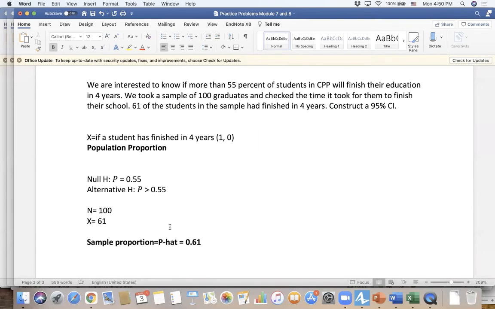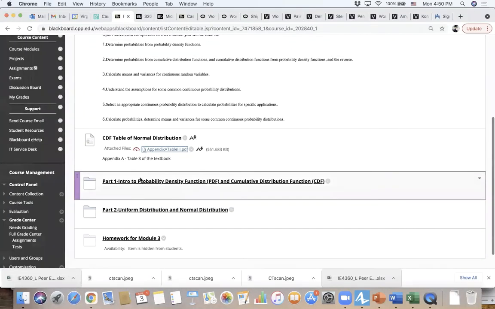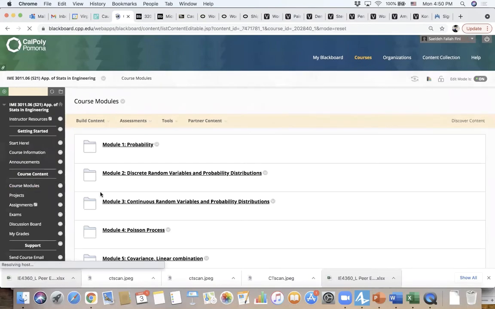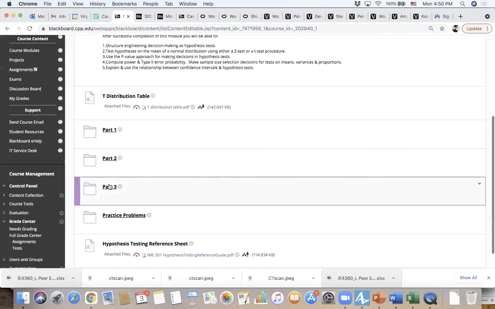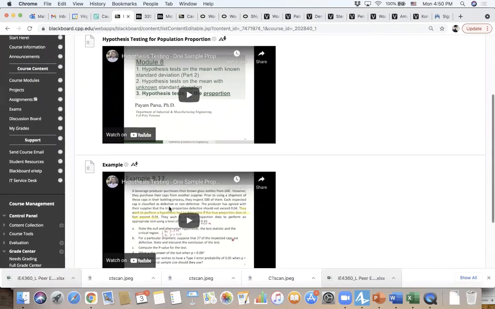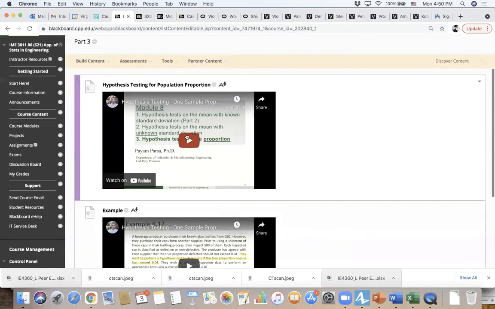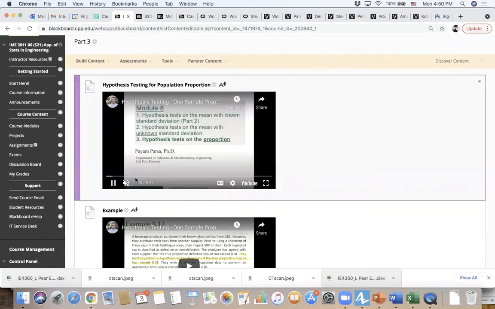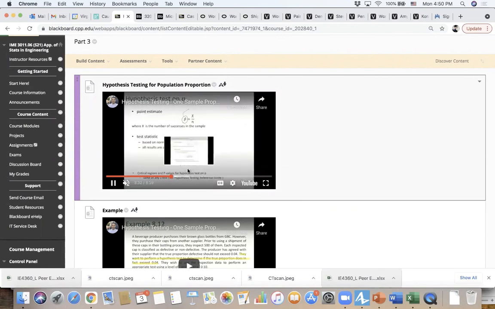So with all of that, then the formula that we have to use is not in this, but that's module 8, part 3. Everything is here. Yeah, that's our test statistics.